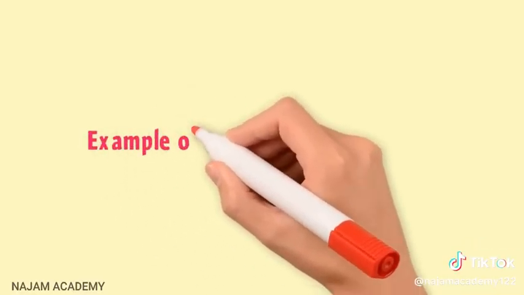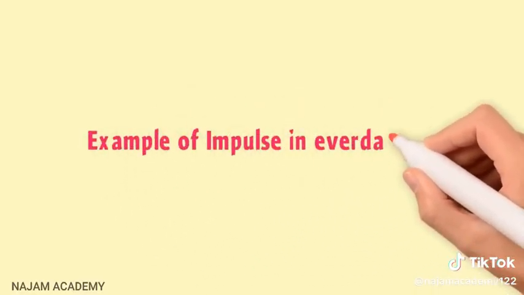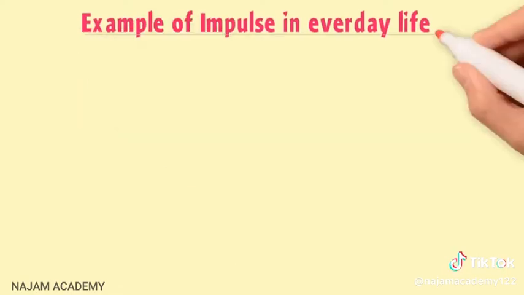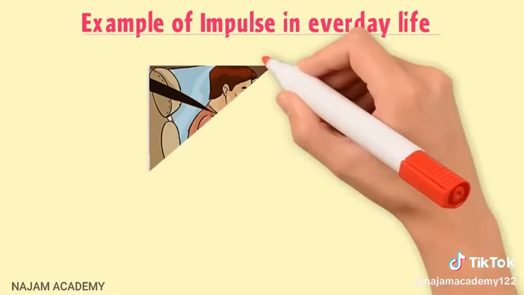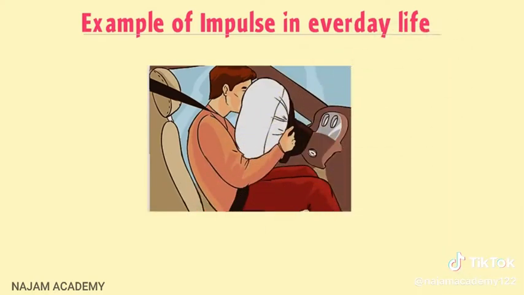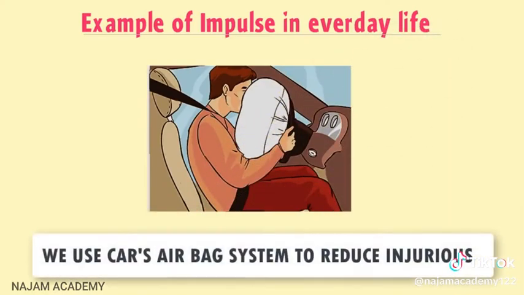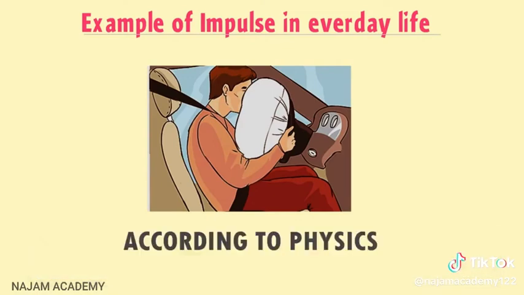At last, let me teach you one important example of impulse in everyday life. It is the car's airbag system. We use car's airbag system in order to reduce the damage or injuries of the passenger or driver during accident or collision. Now let me explain it according to physics.